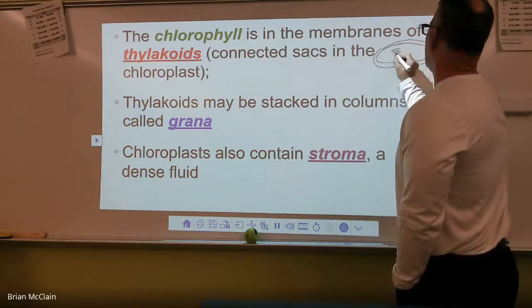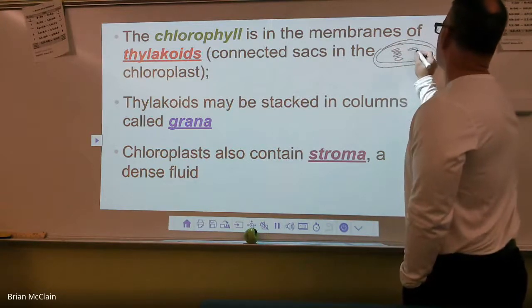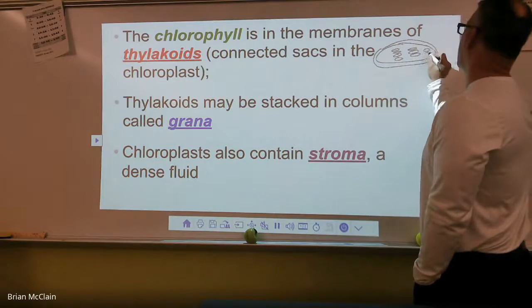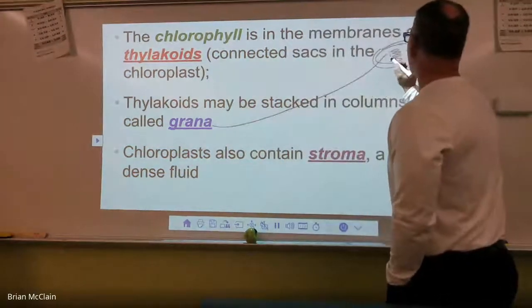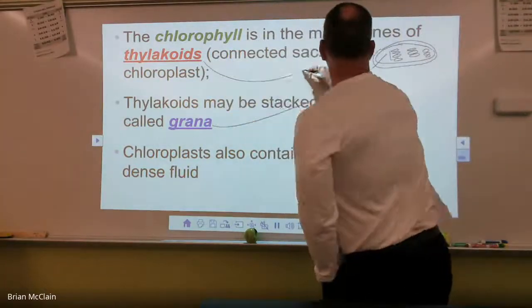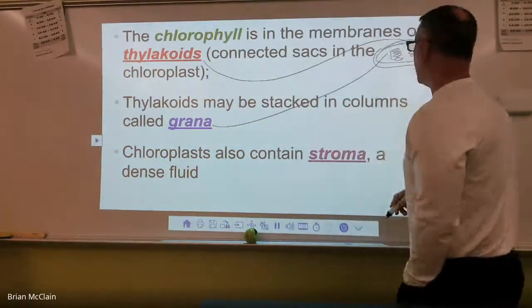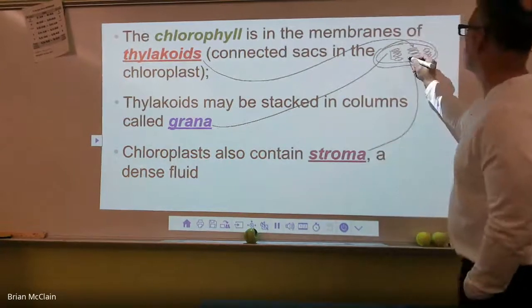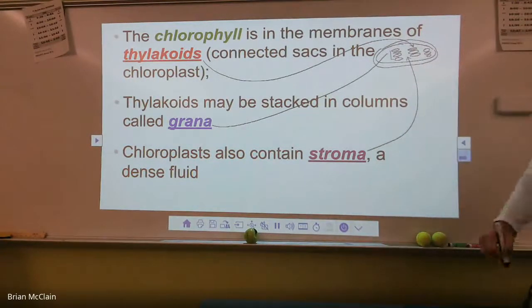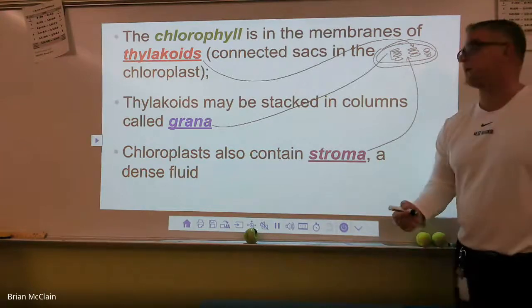We have the thylakoids stacked up like this. So we know that the thylakoids tend to stack into grana. So here's a stack. Here's an individual thylakoid, one of these things. And the liquid inside there is the stroma. Okay, so that's our general layout of what makes up a chloroplast.